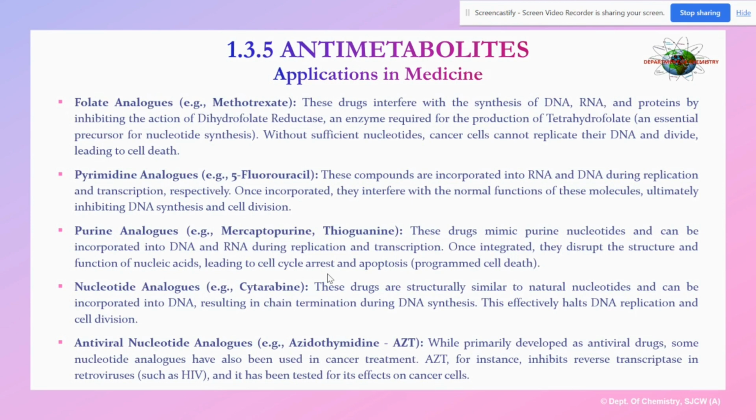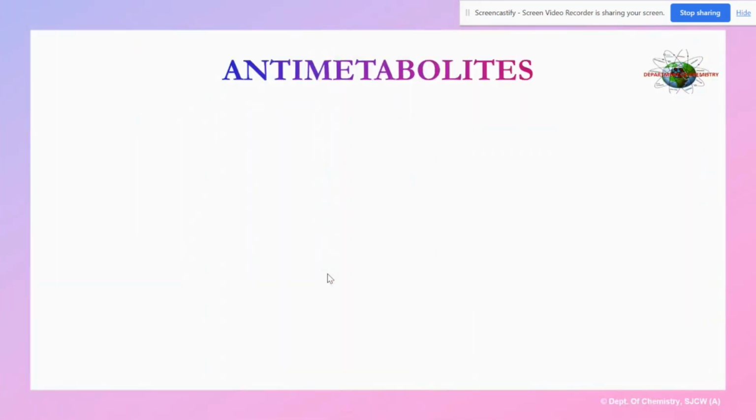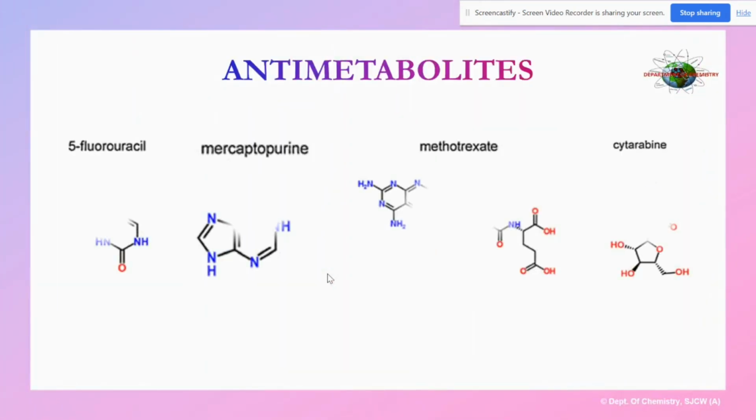So nucleotide analogs find application both as antiviral drugs and also for arresting cell division in cancerous cells. These are some of the antimetabolites: 5-fluorouracil, mercaptopurine, methotrexate, cytarabine.